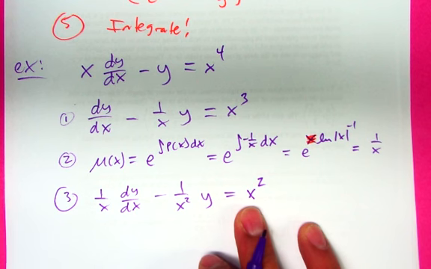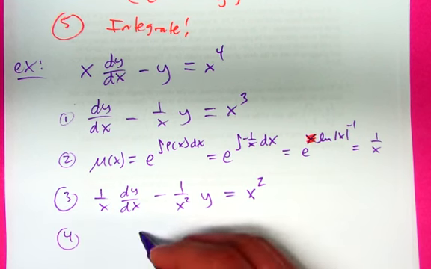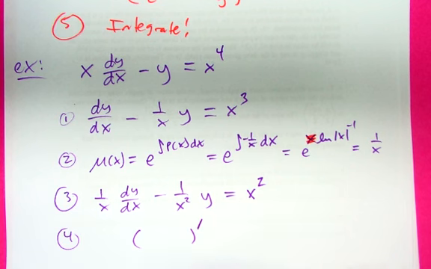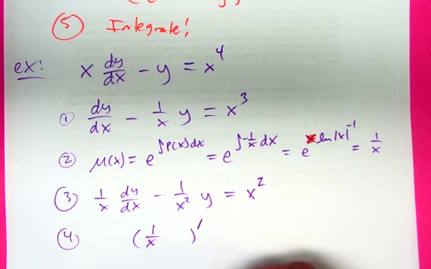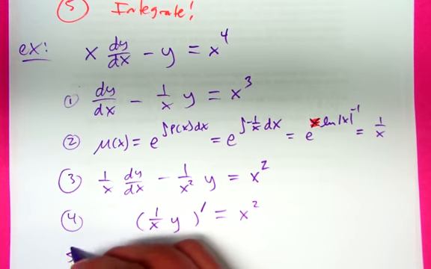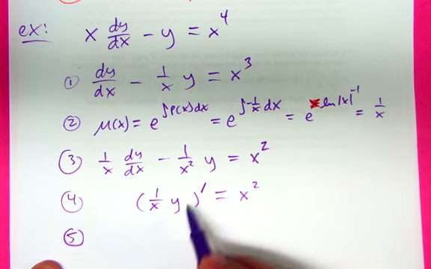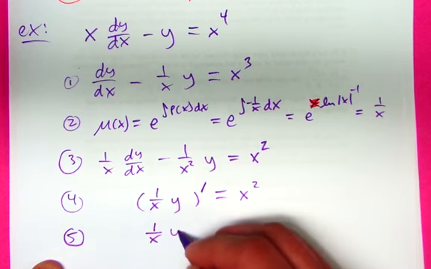Okay? Anyway, on the left-hand side, we can write this now as the derivative of what two functions? Mu, which is 1 over x, and y. And on the other side, we have x squared. If we integrate a derivative, we get 1 over x times y.